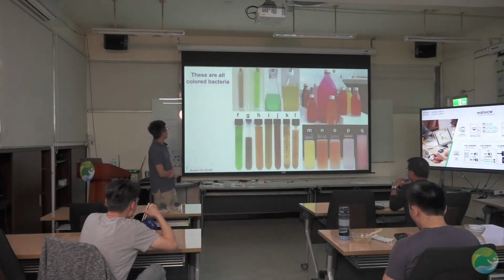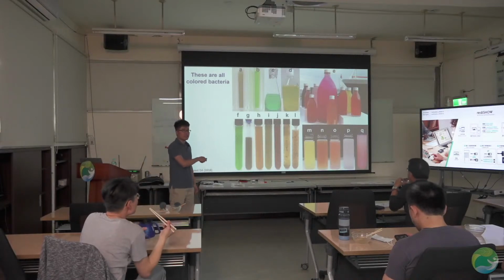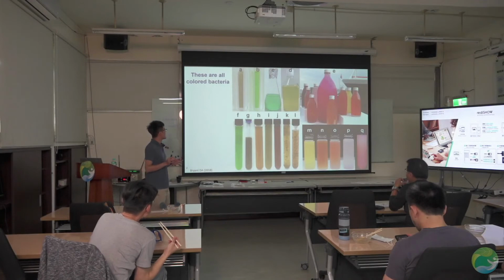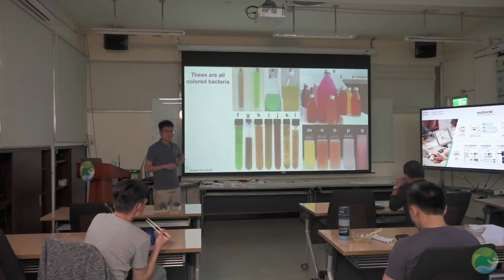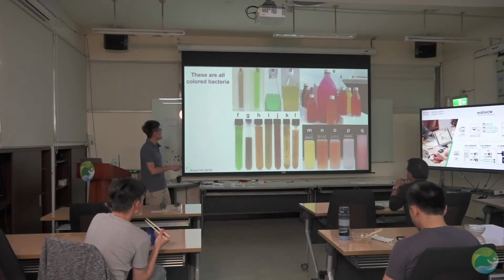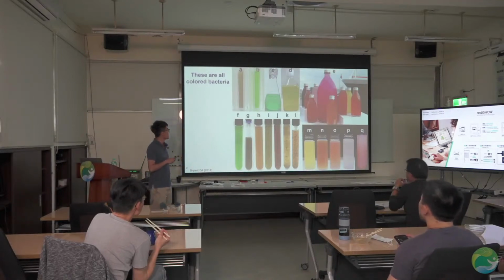So first, I want to get everyone's impressions. Here you can see these are all bacteria. They have different colors, but not all of them are cyanobacteria. Can everyone make a guess? How many of them are cyanobacteria? All of them?